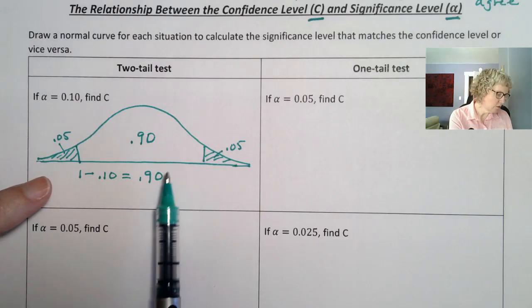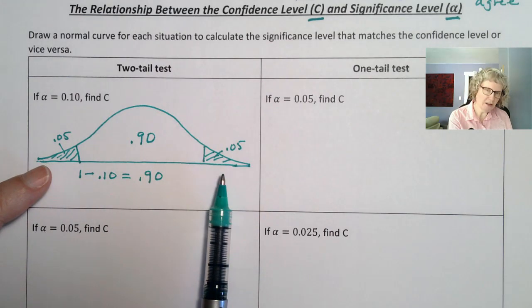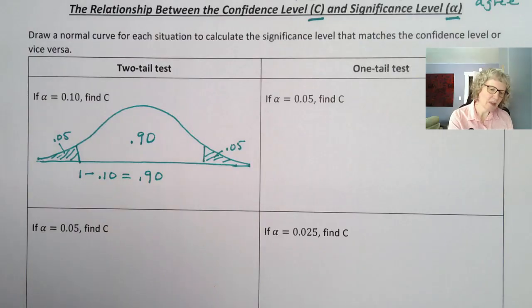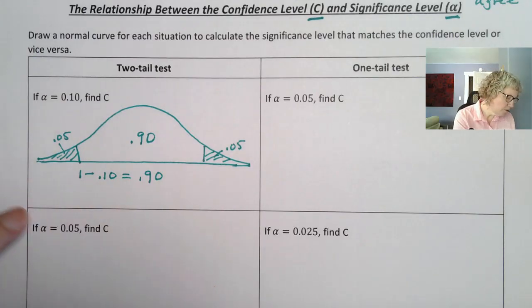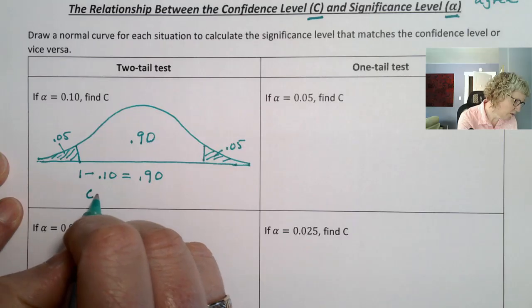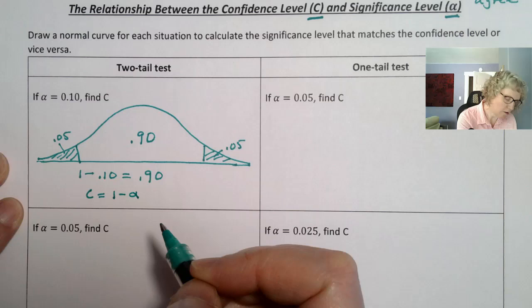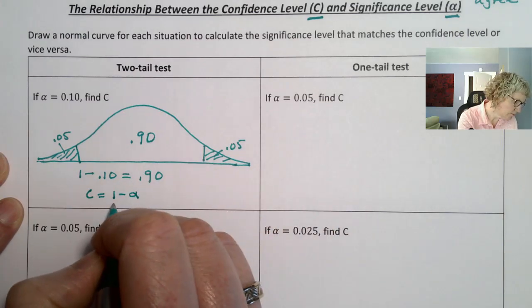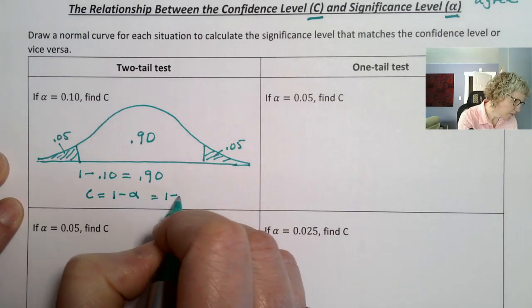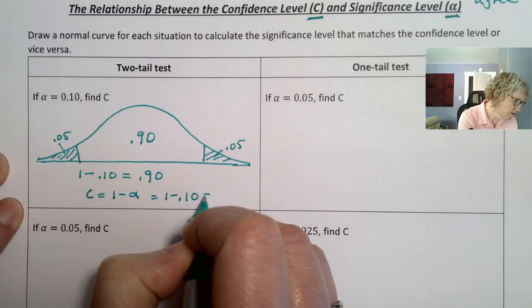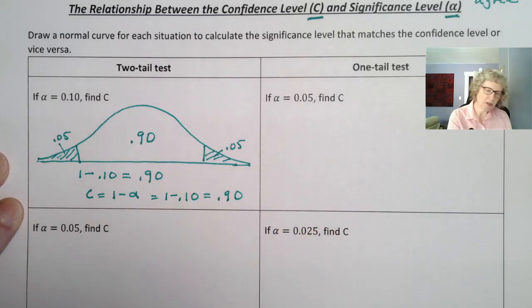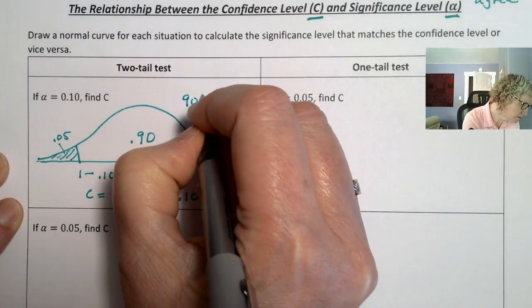Okay, so one is just looking at the tails and one is looking at the center. Okay, so I kind of used a formula for that where the confidence level is 1 minus alpha, or 1 minus 0.10, which is 0.90, right? So we get 90% confidence.